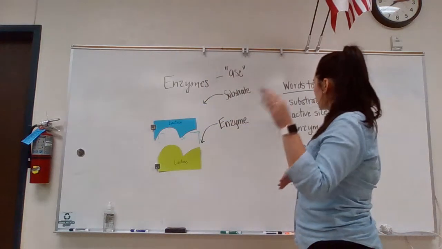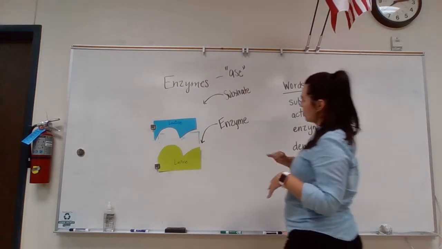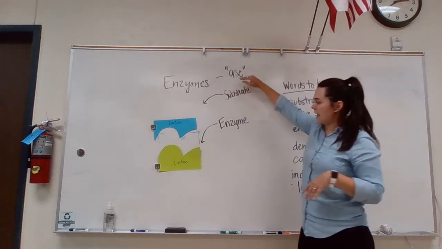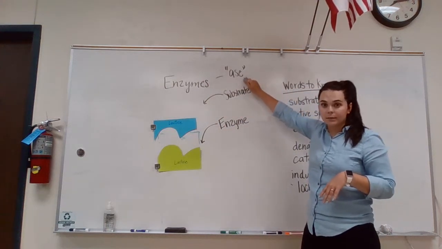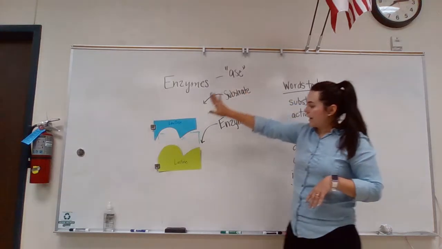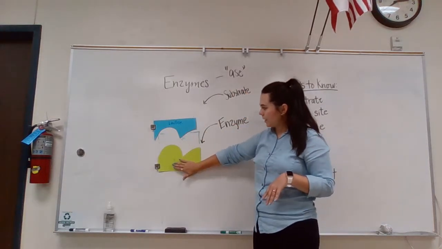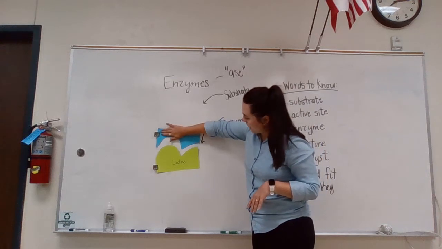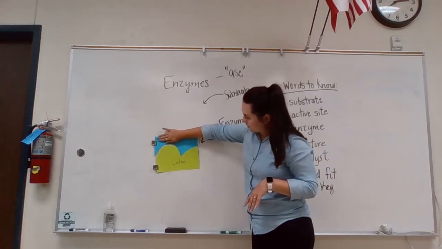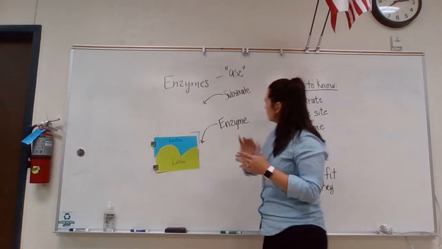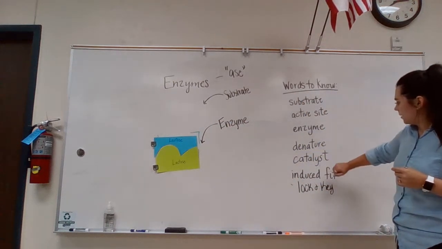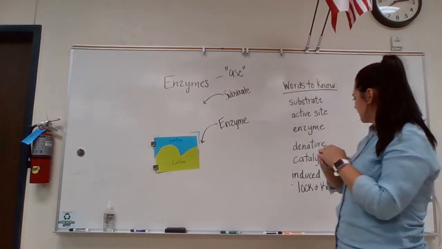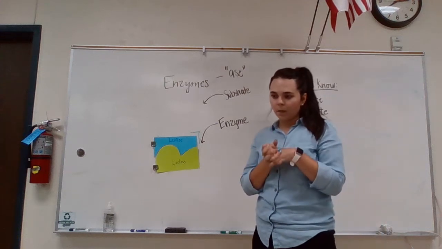So just a little rundown real quick. We know that enzymes end in ASE, and they are proteins. We have an enzyme here, and our substrate that binds into that active site. We talked about induced fit and lock and key theory.